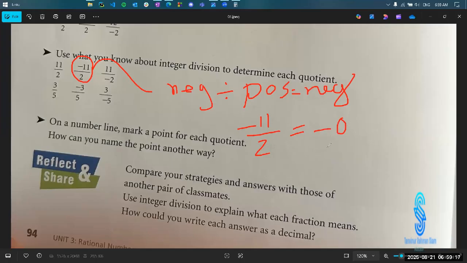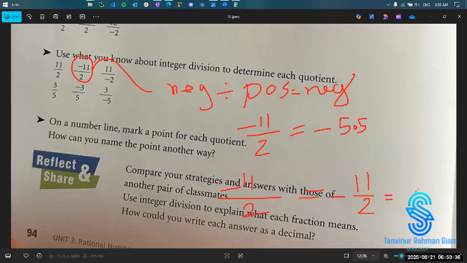The 5.5, right? Yeah. 5.5. And another bunch of students or classmates, they will write in this fashion, minus 11 divided by 2, then minus 5.5.